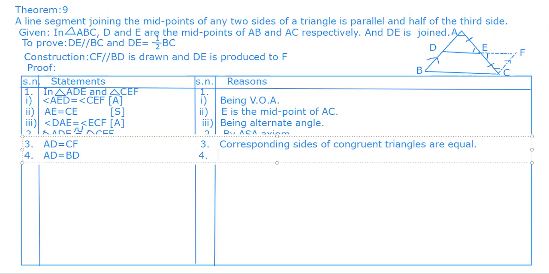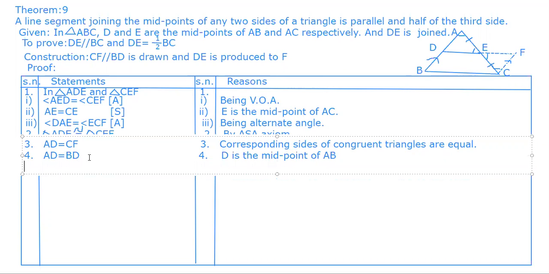Now in the third also, CF is AD, BD is also AD. That is why we can write BD and CF are equal.